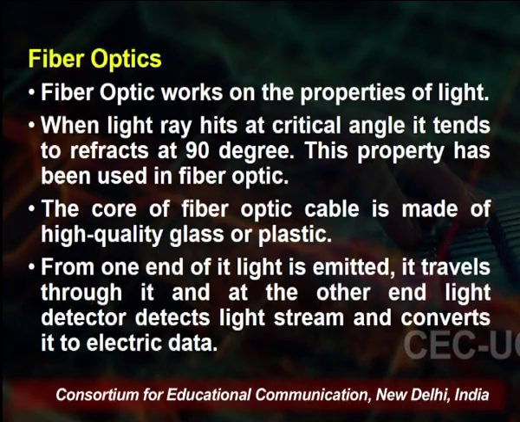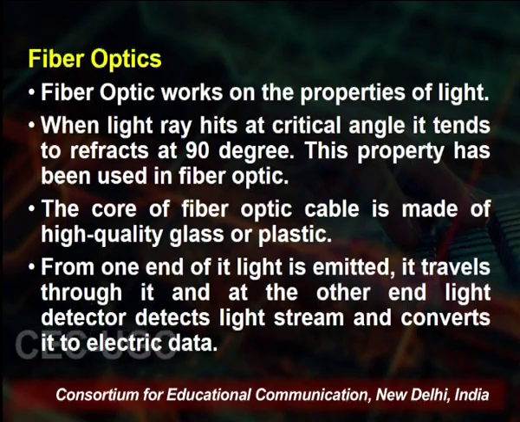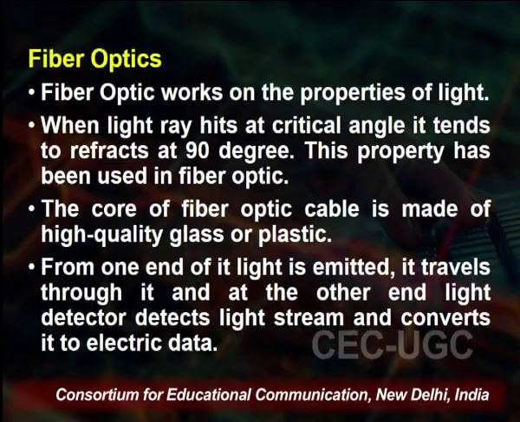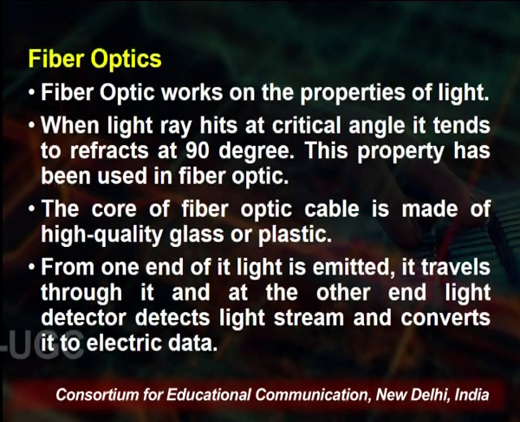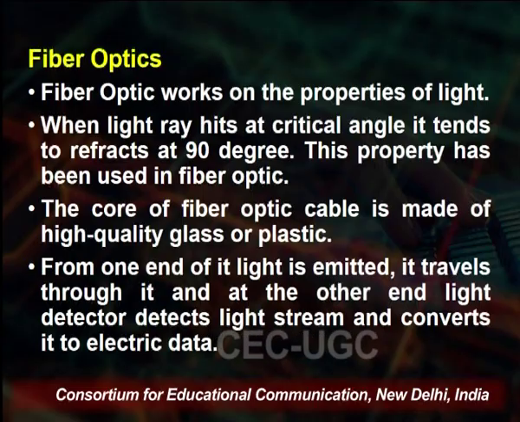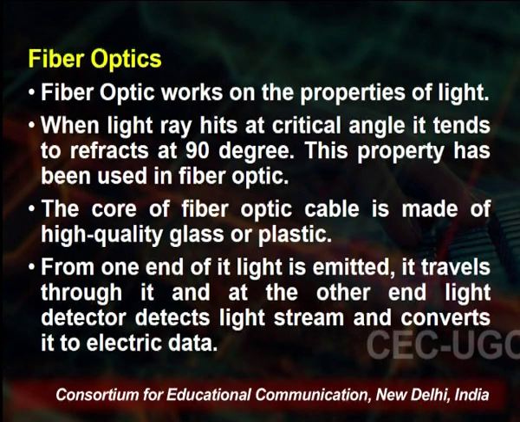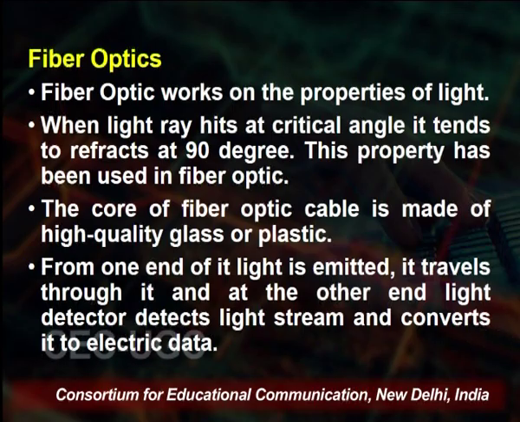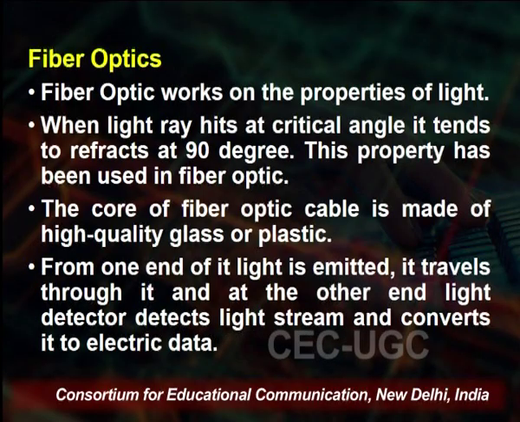When a light ray hits at the critical angle, it tends to refract at 90 degrees. This property of light is used in making fiber optics. The core of fiber optics is made up of high quality glass or plastic through which these light rays can be easily refracted.